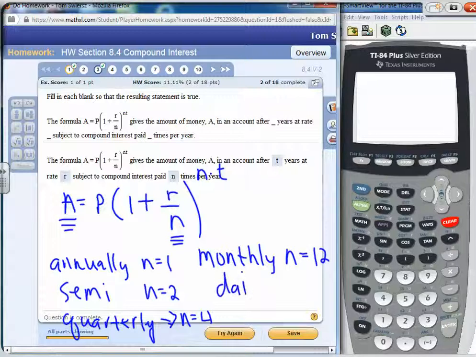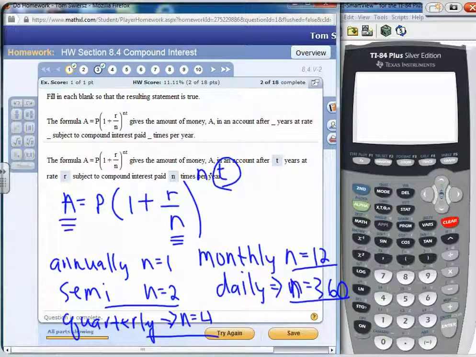And daily, we'll use the banker's rule, N equals 360. Instead of 365, we'll use 360. And T, again, is the number of years. Okay? So N in the formula is 1 if it's annually. Semi-annually, it's 2. If it's quarterly, N is 4. Monthly, N is 12. If it's daily, N is equal to 360.